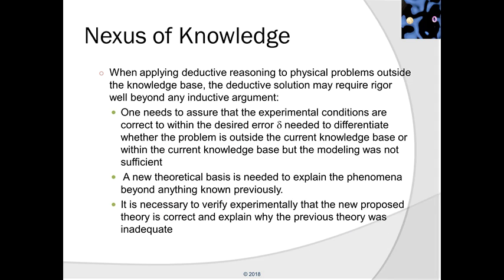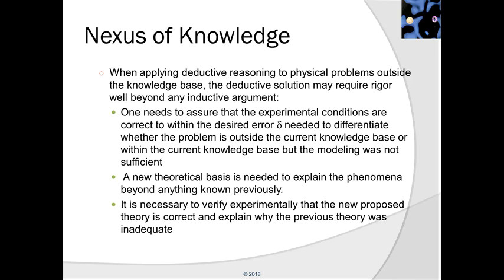When applying deductive reasoning to physical problems outside the knowledge base, the deductive solution may require rigor beyond any inductive argument. One needs to assure that the experimental conditions are correct to within the desired error delta needed to differentiate whether the problem is outside the current knowledge base, or within the current knowledge base but the modeling was not sufficient.